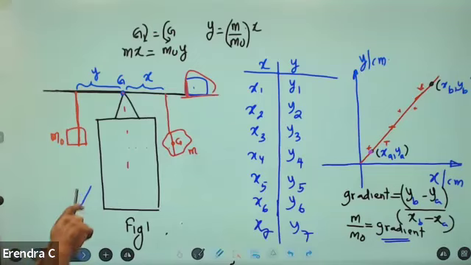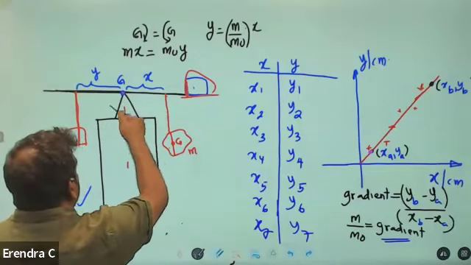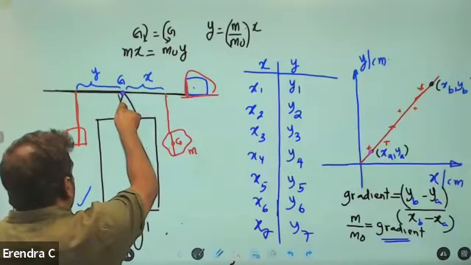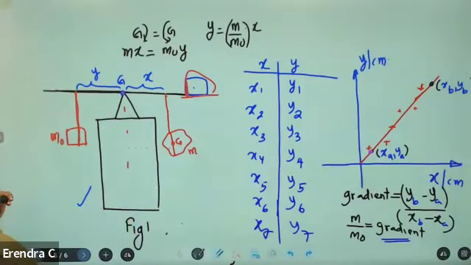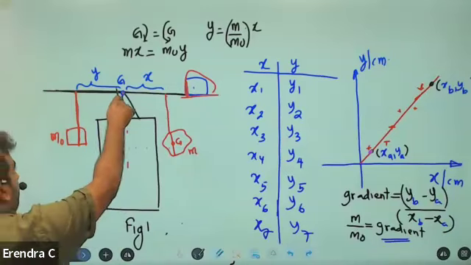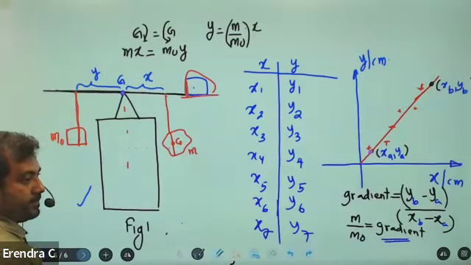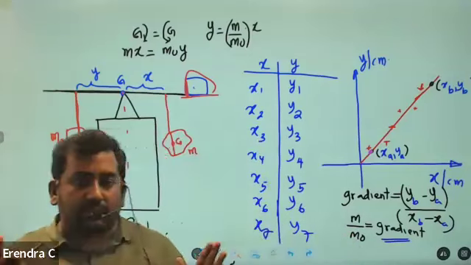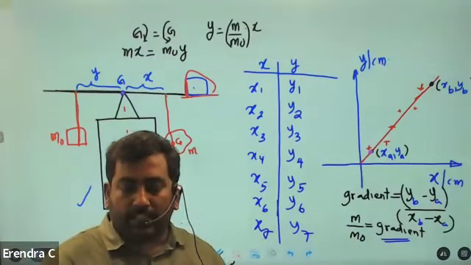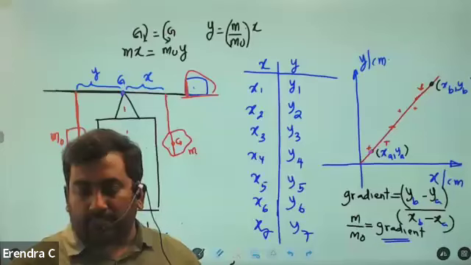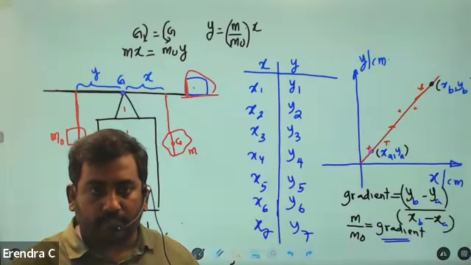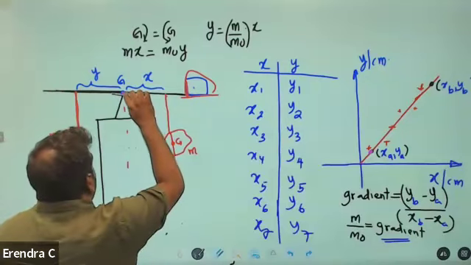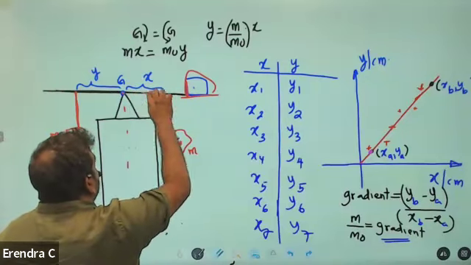So the distance from the center of gravity of the ruler to the rope will give us the correct measurement.